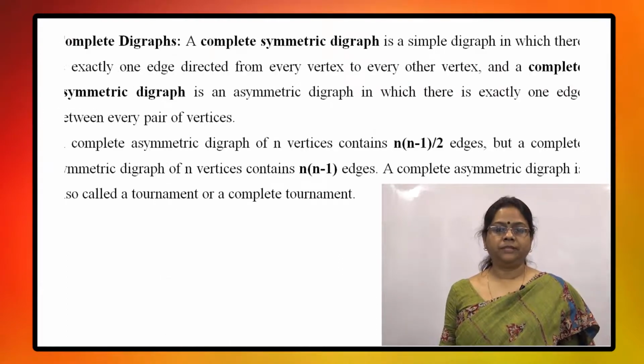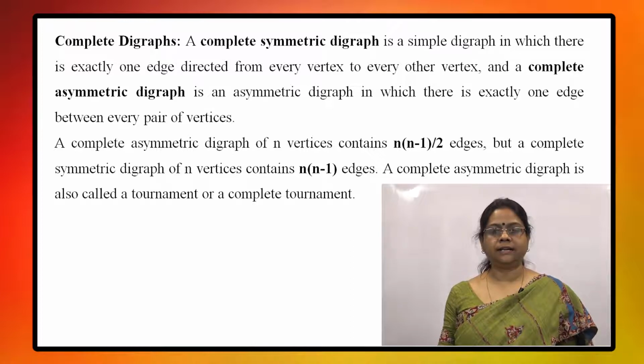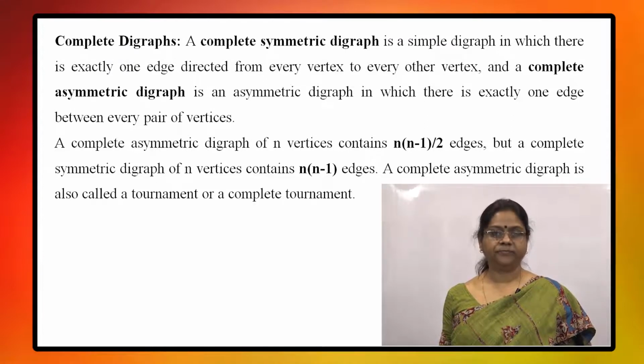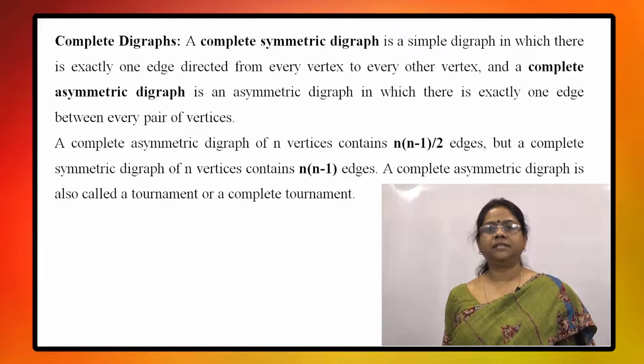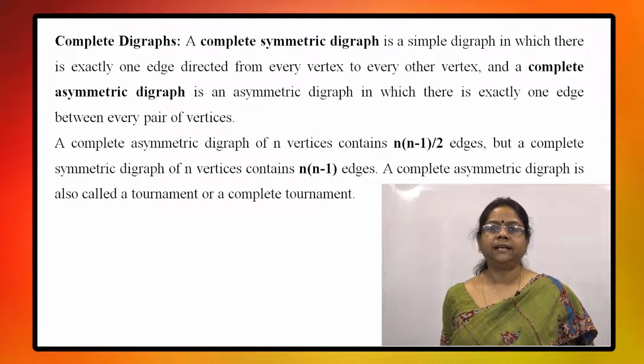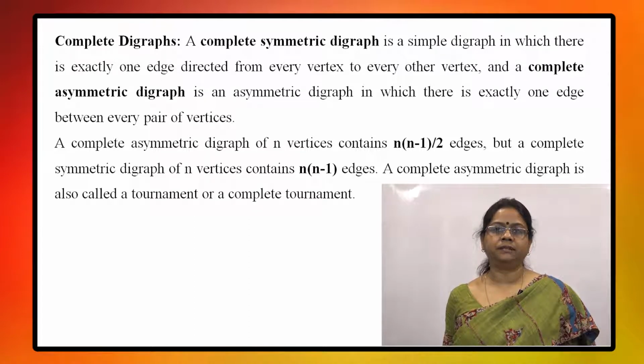Now, with the definition of symmetric digraph in hand, we now define a complete digraph. A complete digraph is of two types. One is a complete symmetric digraph. A complete symmetric digraph is a simple digraph in which there is exactly one edge directed from every vertex to every other vertex.